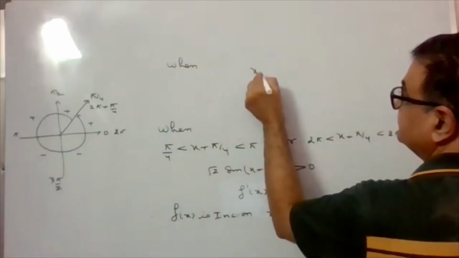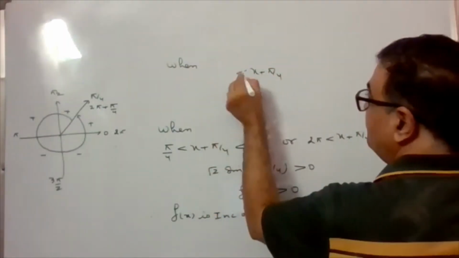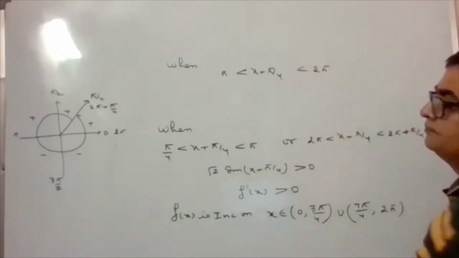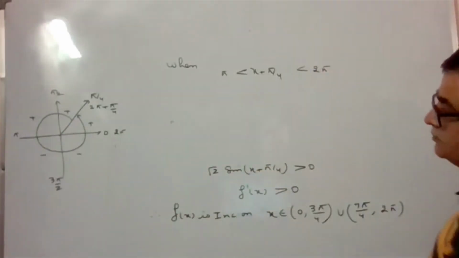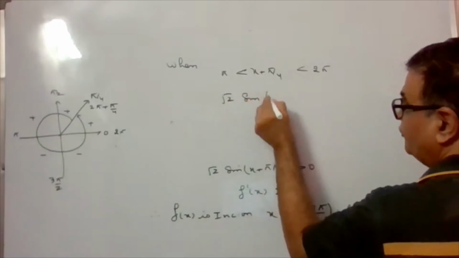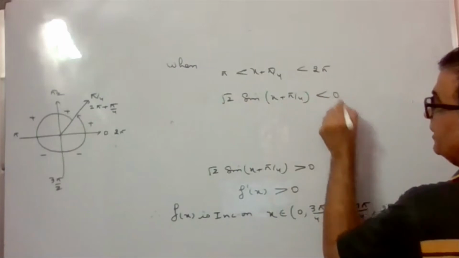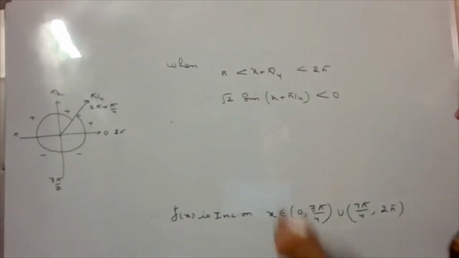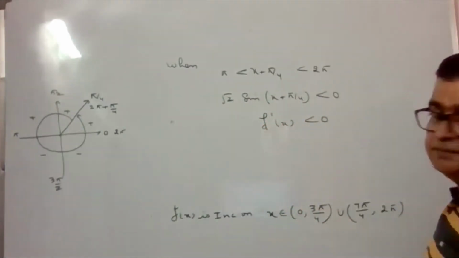When x plus pi by 4 is from pi to 2 pi, then root 2 sine of x plus pi by 4 is coming negative. And if it is negative, I should say f dash x is coming negative.